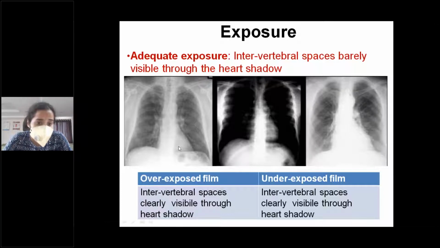But here we are able to appreciate the intervertebral spaces minimally, not too much, not at all absent, barely visualized. So this is an adequately exposed film. So here we have the differences.